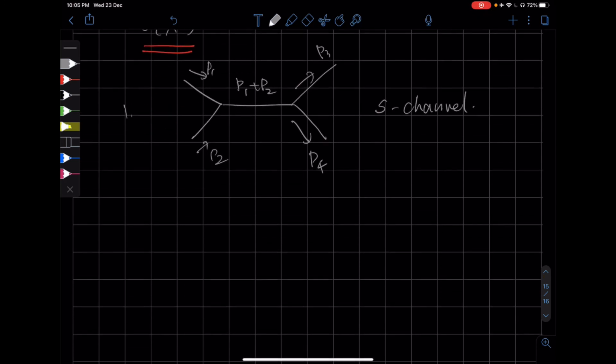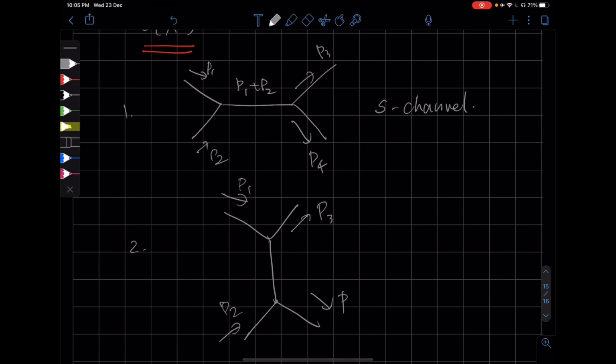And then we also have this thing. Here P1 is coming in, P3 is going out, P2 is coming in, P4 is going out, and then here we have P1 minus P3. And this is known as the T channel diagram.